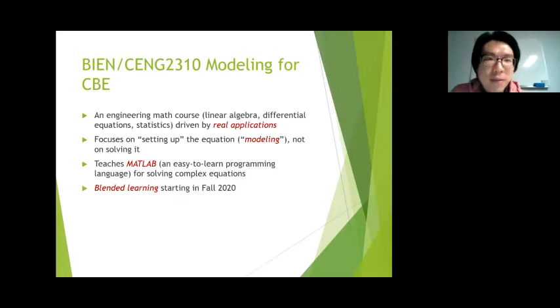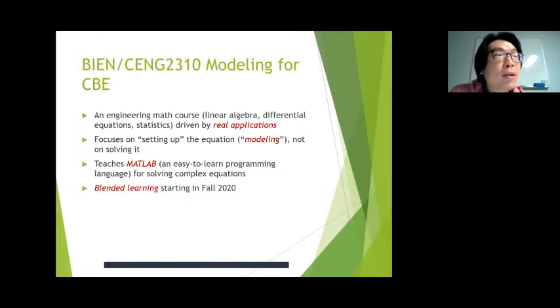Basically, it teaches math. A lot of students don't like math, but I want to tell them that in this course the math is actually taught in a way that's quite different. You'll be learning about applications. You are given a problem to solve, and then you learn how to use math to solve it, right?